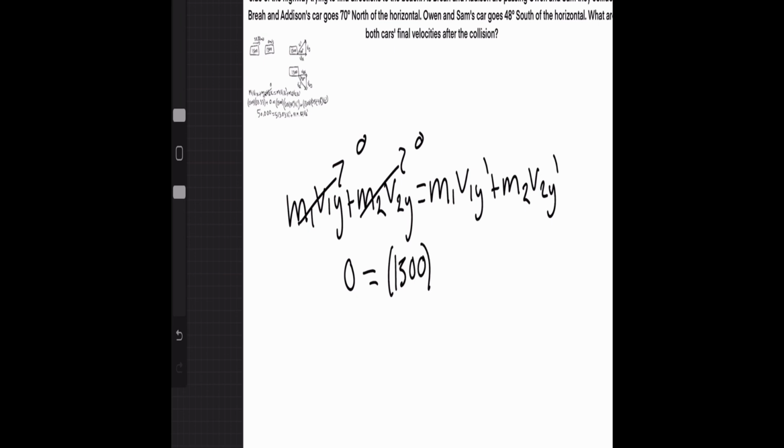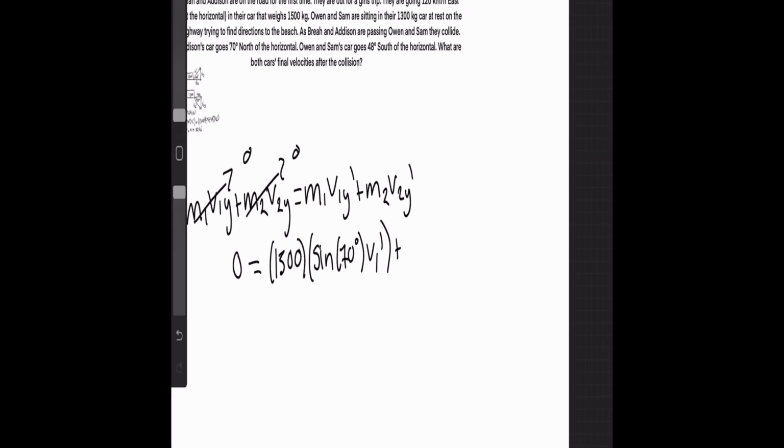Now we're going to sub in all of our values, and we're going to use sine. Remember, the 48 degrees is a negative direction.